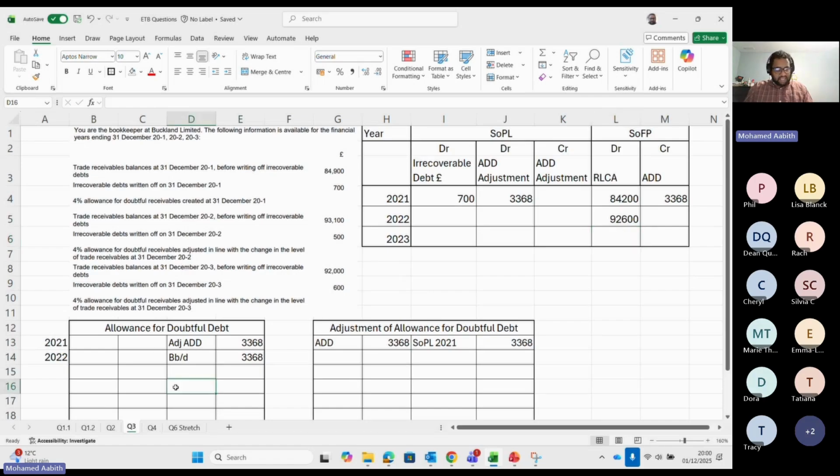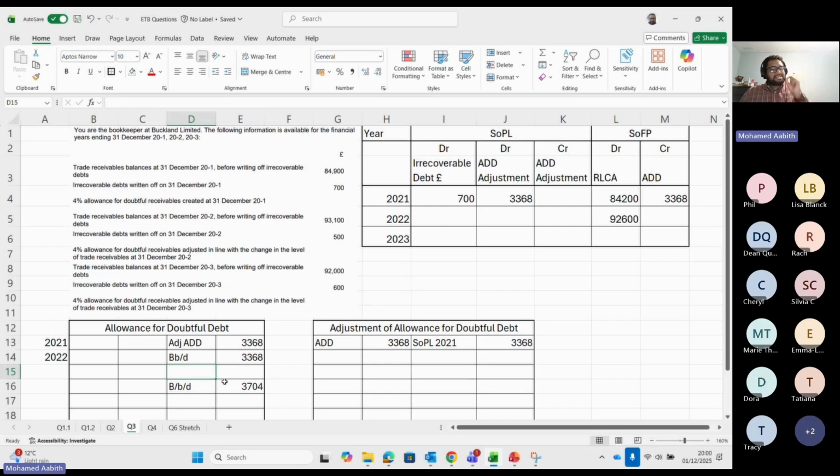So here, let's say the balance brought down figure should be how much? It has to be that amount times 4% again, because that is what they want the number to be. They want the number to be 3704 from 3368. How am I going to make that change, guys?